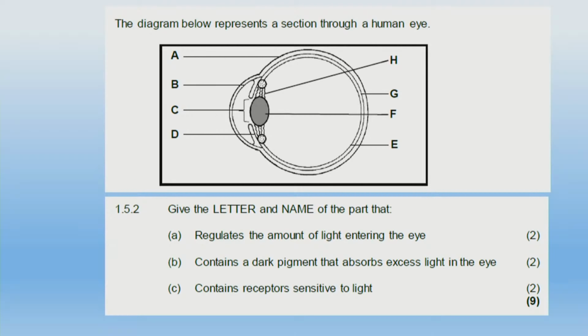And then the next asks for the letter and the name of the part that contains receptors sensitive to light. That will be part number E, which represents the retina. So this simply means that learners, please revise these parts of the human eye together with their functions.